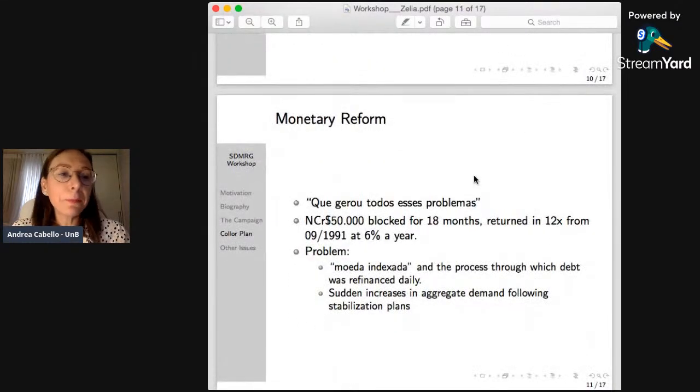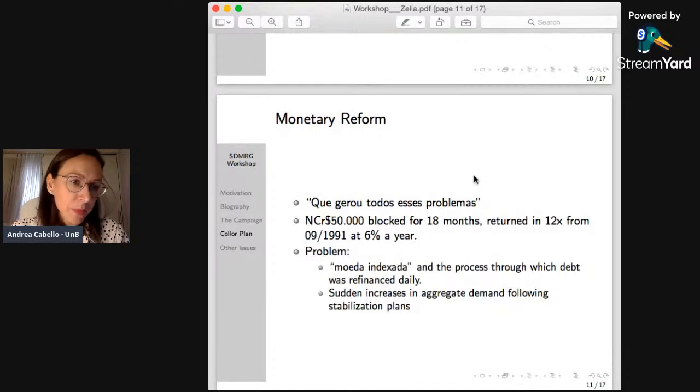The monetary reform by Zélia herself, que gerou todos esses problemas, meant that you would block 50,000 cruzeiros novos, which is about, I think, $1,500, for 18 months, and it would be returned in 12 quotas from September 1991 at 6% a year interest.